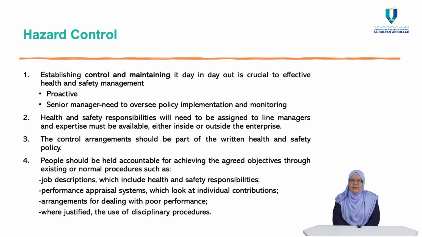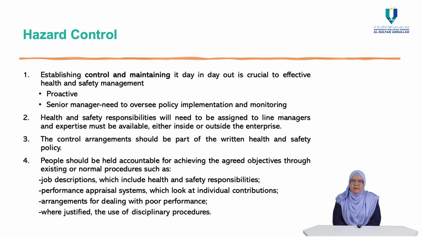Basically, hazard control should be proactive and senior managers need to oversee policy implementation and its monitoring. Health and safety responsibilities will need to be assigned to line managers and expertise must be available either inside or outside the enterprise. The control arrangement should be part of the written health and safety policy.